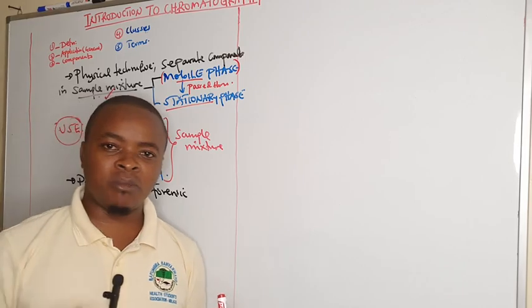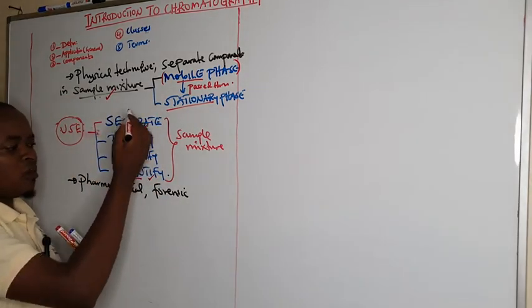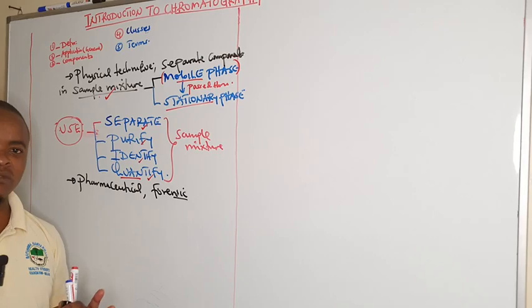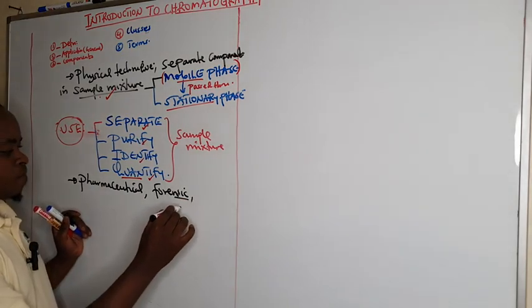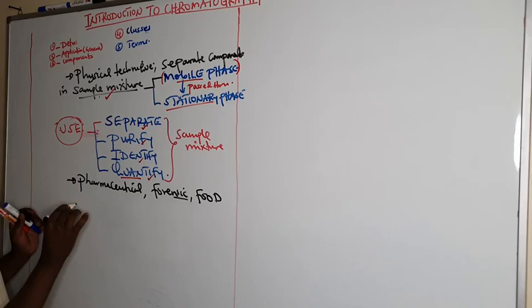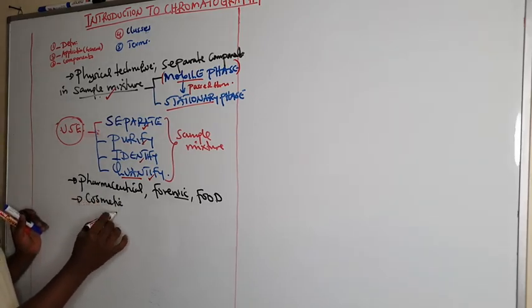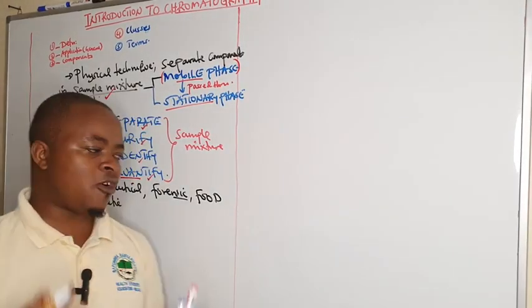Maybe people who use marijuana, cocaine, we can easily analyze using chromatography, and we find those toxic drugs in someone's urine or blood. We are using it in the food industry, in the cosmetic industries. All these are applying chromatography to identify compounds.